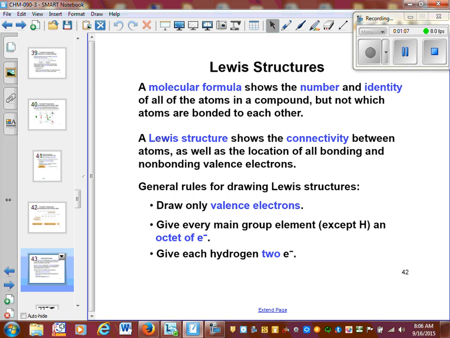A molecular formula tells you what the atoms are, what the elements are in a molecule, and how many of each. Water, H2O, tells me I have hydrogen and oxygen, two hydrogens and one oxygen. What it doesn't tell me is how they go together. So a Lewis structure shows me how they go together.